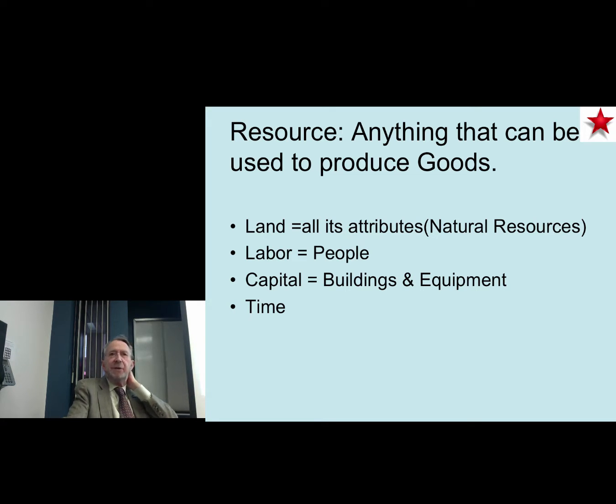So time is a resource, and I've said to you before, I think I said this the first day, time is probably your most scarce resource, because as we talked about, you guys are trying to work many hours a week. You're taking 12 and 15 units of classes. You have a social life, right, that is part of the things you'd like to do.